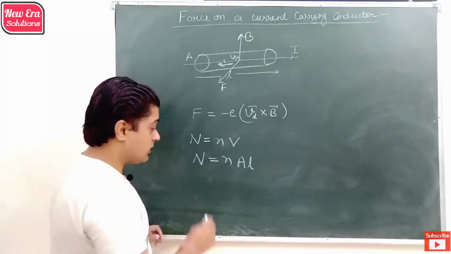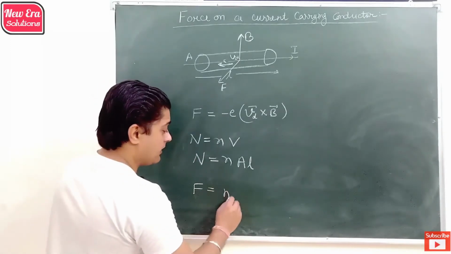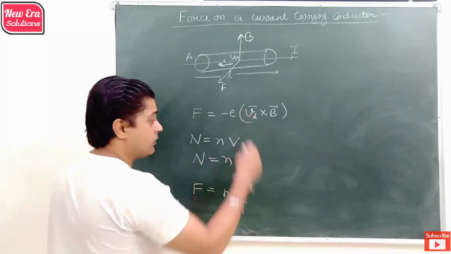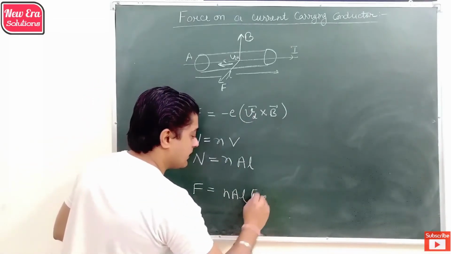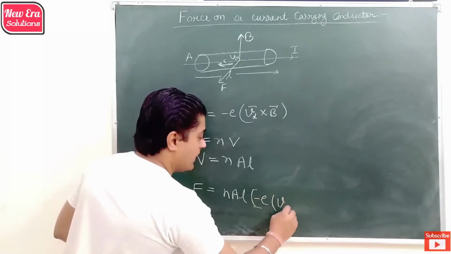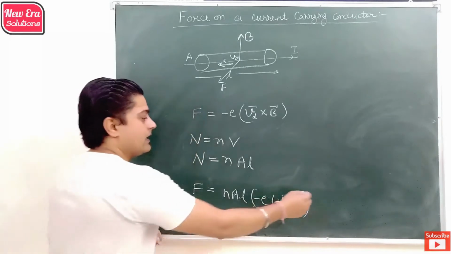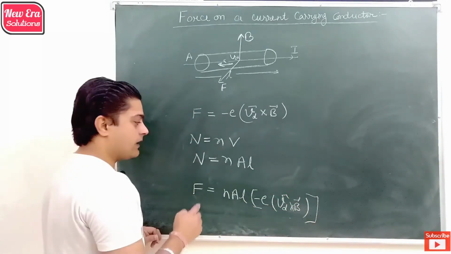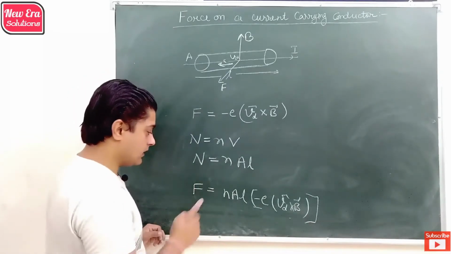So now the total force acting on the conductor is n A L into the force on one electron, that is minus e Vd cross B. So this is the force acting on all the electrons moving inside the conductor.